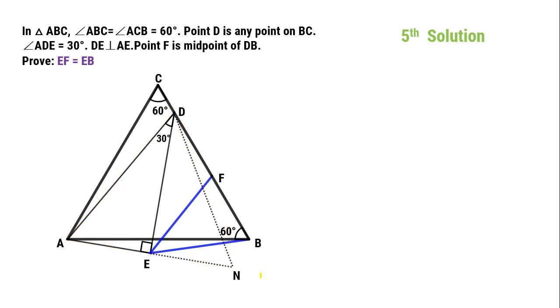Through point N, make a perpendicular segment to AD, intersecting DE at point P. So point P is the centroid of equilateral triangle ADN.